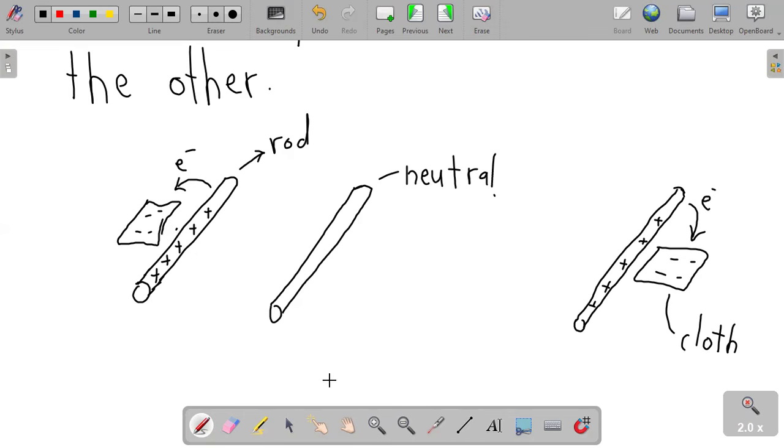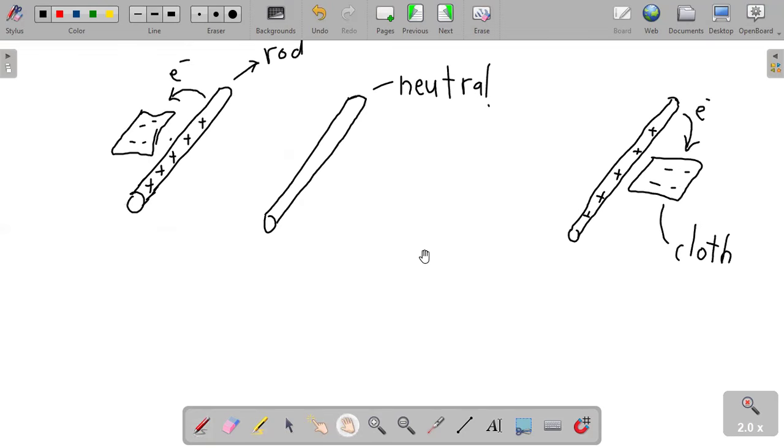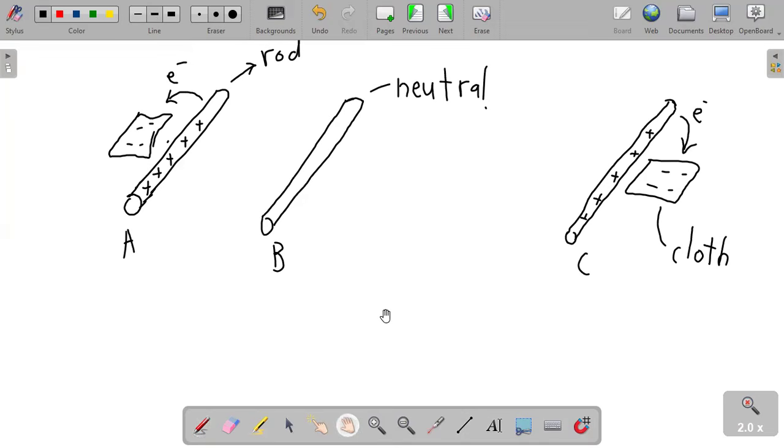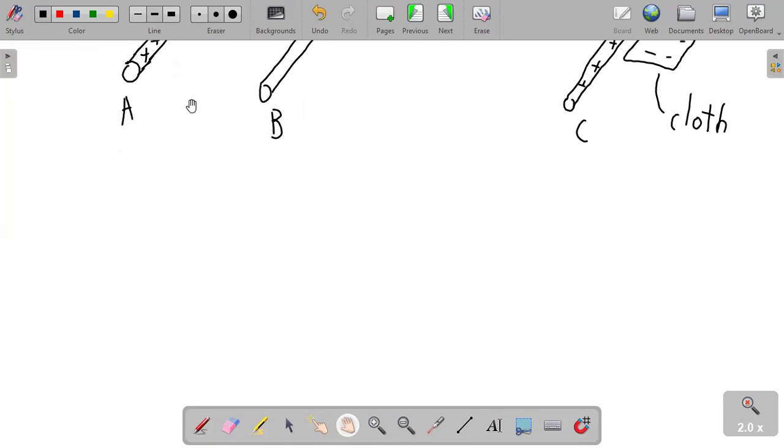Now, what will happen between the two? Let's say this is rod A, and this is rod B, and this is rod C. Now, with the charged rods, there will be an observation here, because of the following principles.